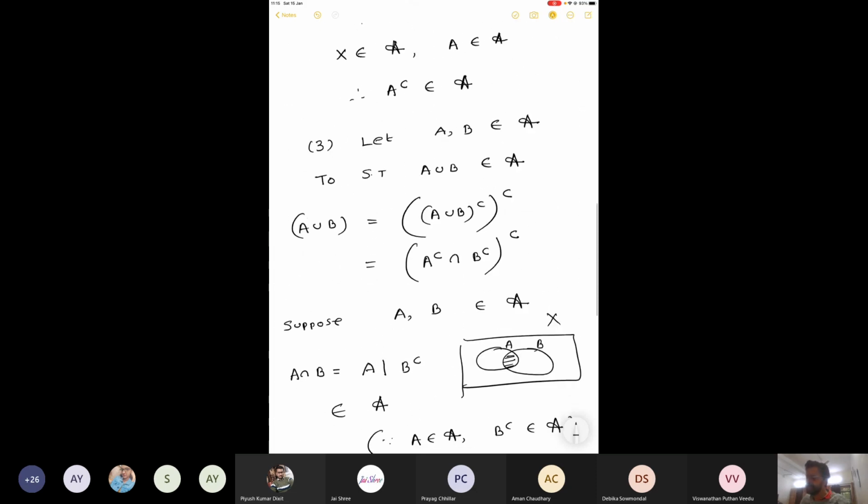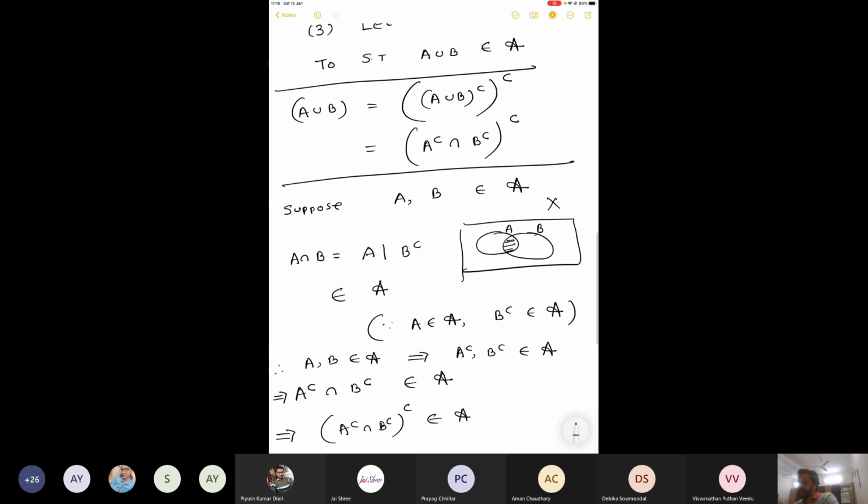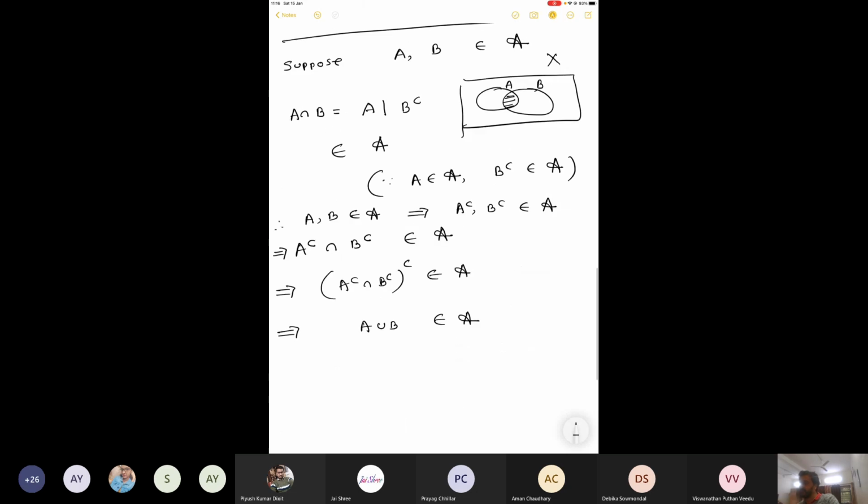So this is the hint: I have to write A union B in terms of complements and intersections. With that in mind, we proceeded and could prove that whenever A and B are in A, A union B is in A. So we are done. I think that's the first question.